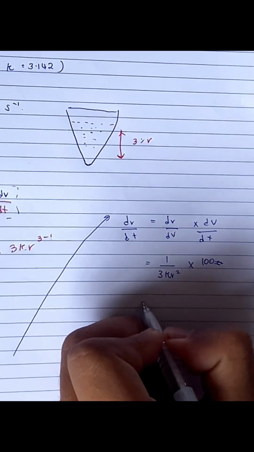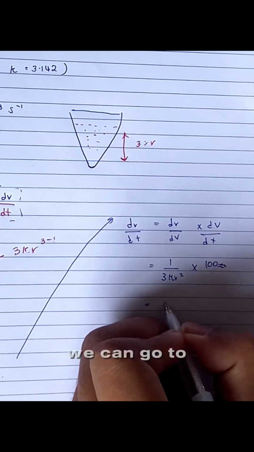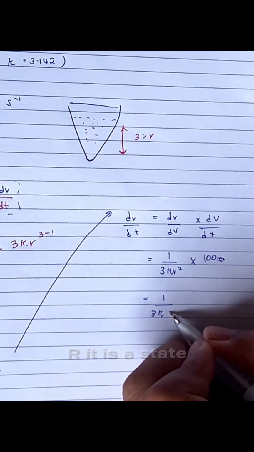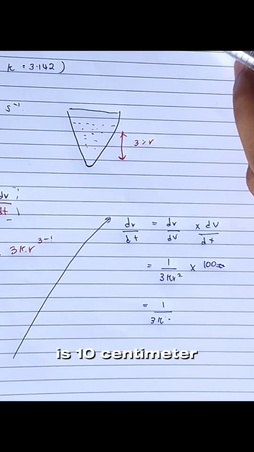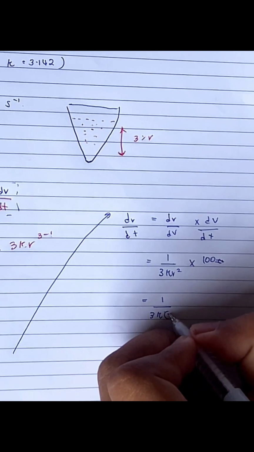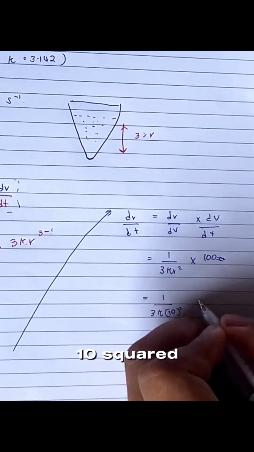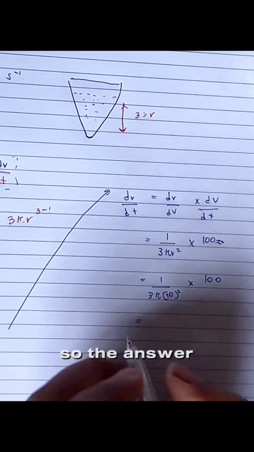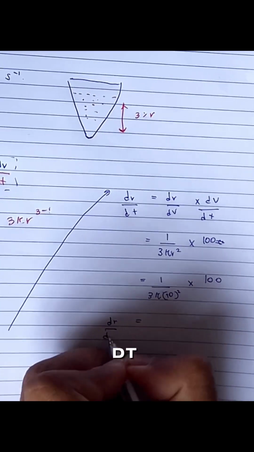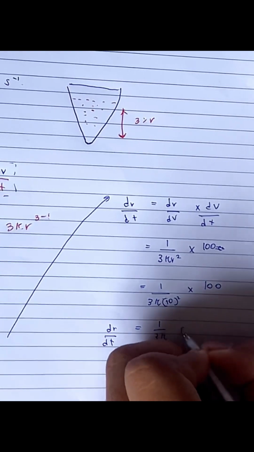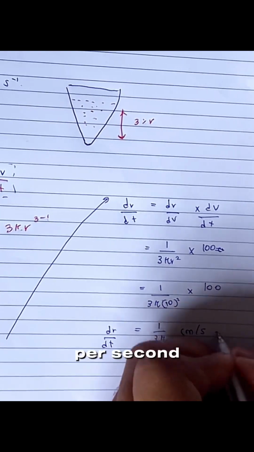So we can conclude that 1 over 3 pi r square, with r stated in the question as 10 centimeter, gives 10 square times 100. So the answer for dr over dt is 1 over 3 pi centimeter per second.